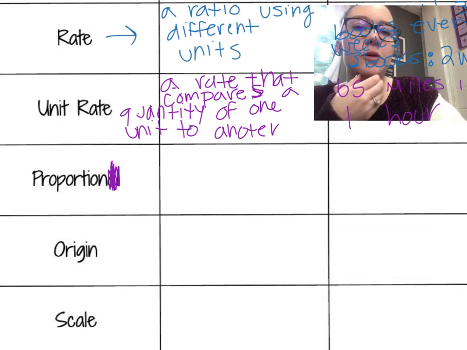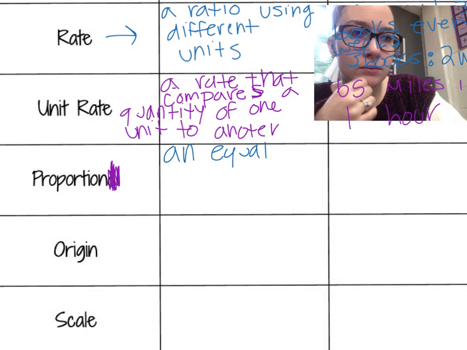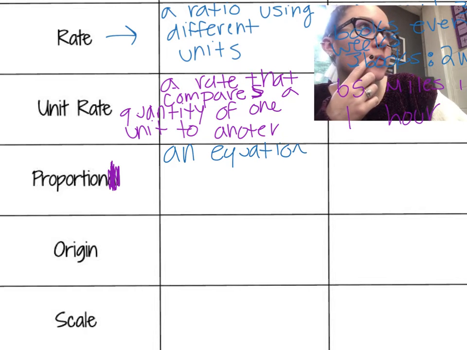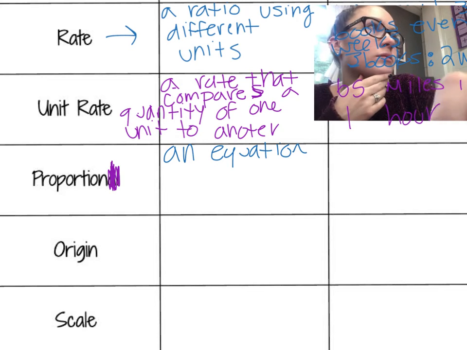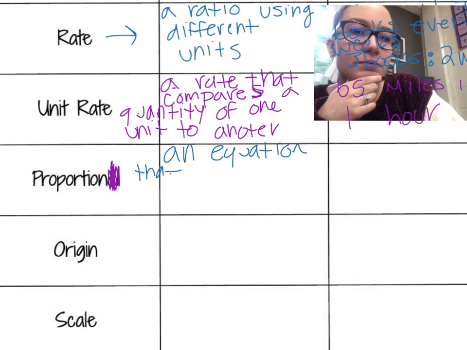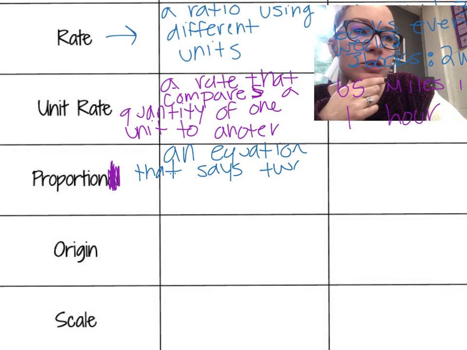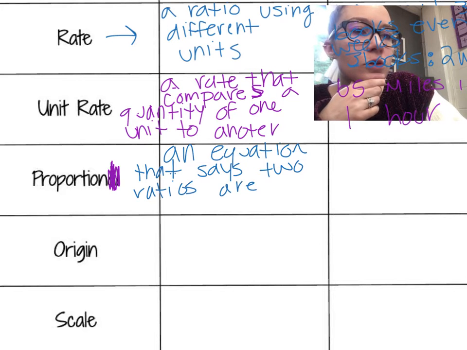Okay, so a proportion is an equation that says two ratios are equivalent.